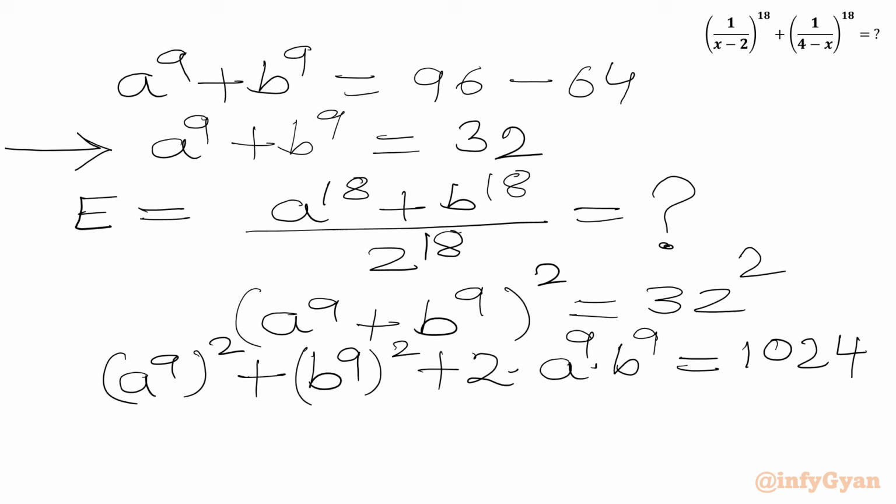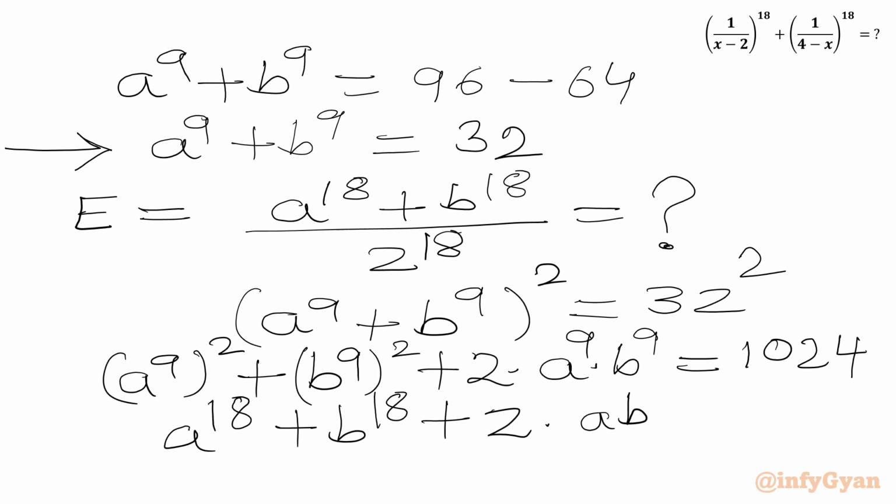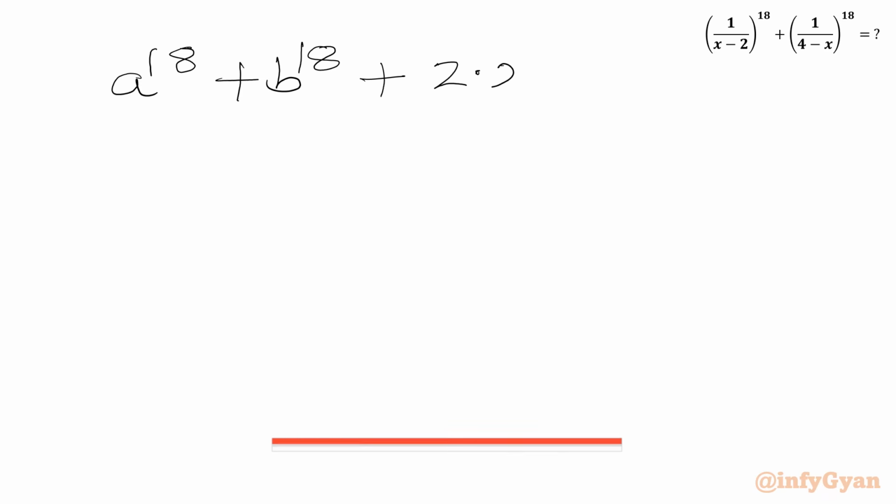Now we can apply the power rule and write a power 18 plus b power 18 plus 2 times ab whole power 9 equal to 1024. Now ab was 2. So we can write 2 times 2 raised to the power 9. I will write a power 18 plus b power 18 plus 2 times 2 power 9 equal to 1024.